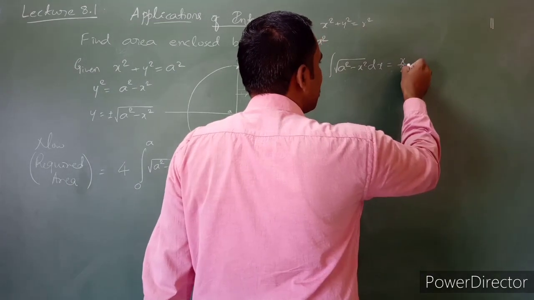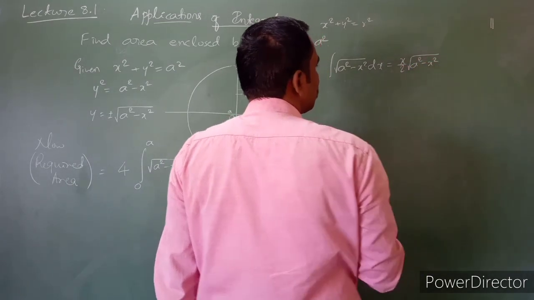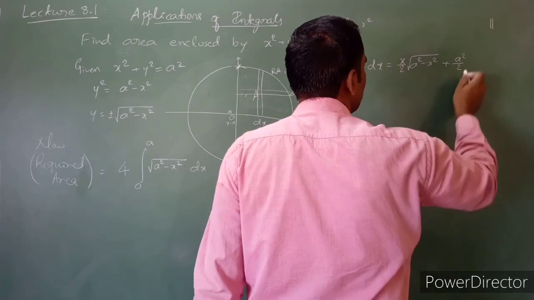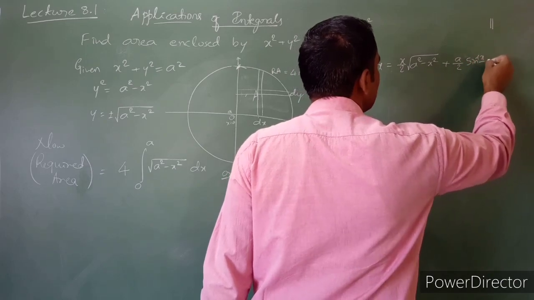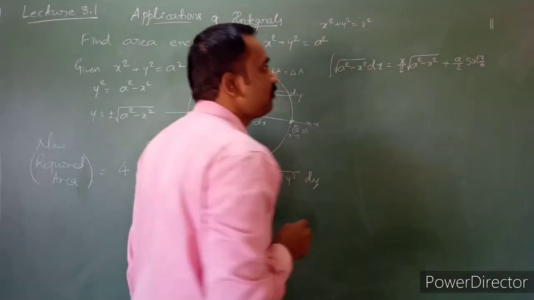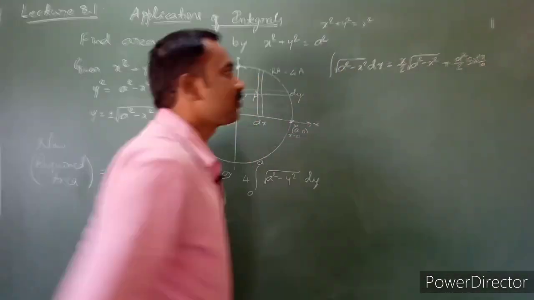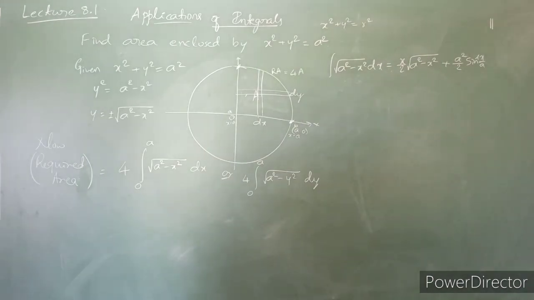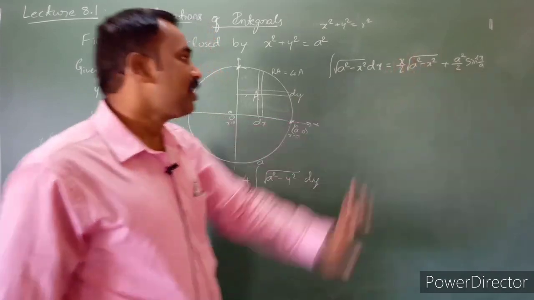What is that? X by 2 into root of a square minus x square plus a square by 2 into sin inverse of x by a. This is the formula. Yes, formula is correct. Are you clear?